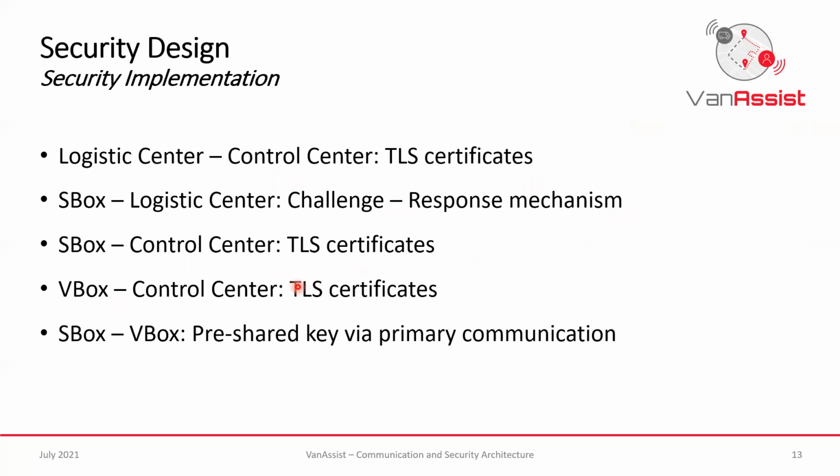For the secondary communication, which is between SBox and VBox, we are using a pre-shared key via primary communication. In the initial phase, a pre-shared key is shared with SBox and VBox, and when they are using the secondary communication, they use this pre-shared key to authenticate each other and also encrypt their messages.